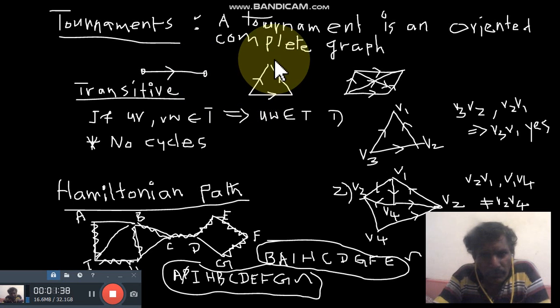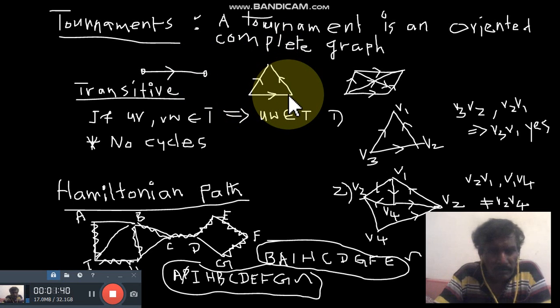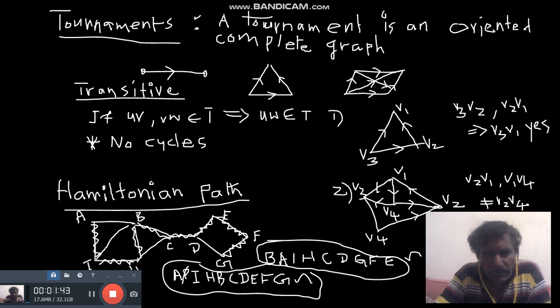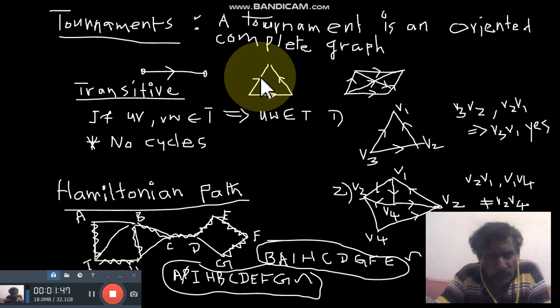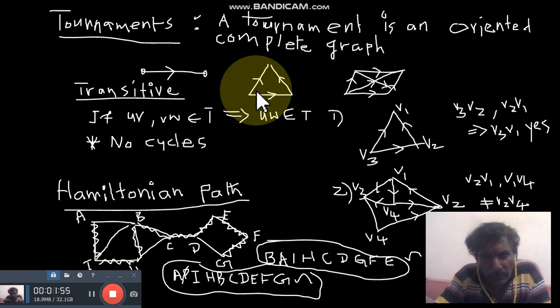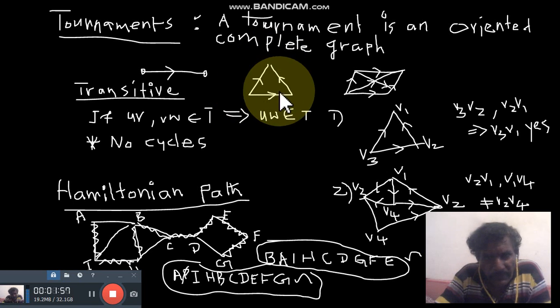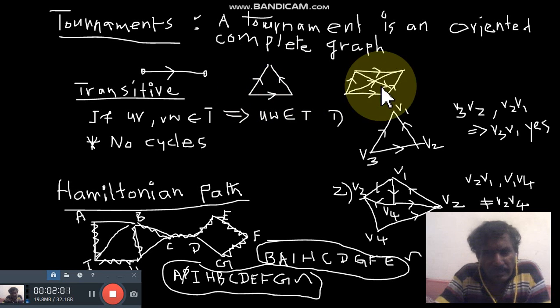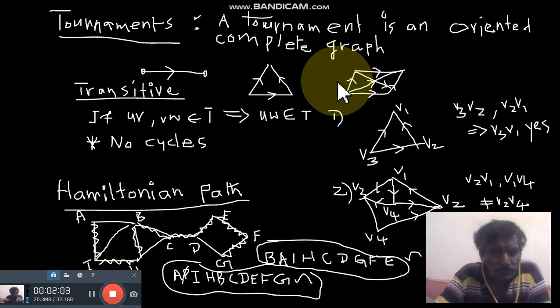So if three vertices are there, it means three players, and the direction denotes the winner. In the competition between these two people, he is the winner, he is the loser. In the competition between these two people, this is the winner, this is the loser. Similarly in this picture too.